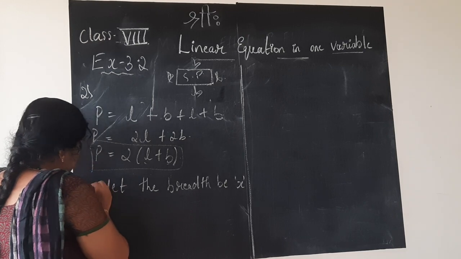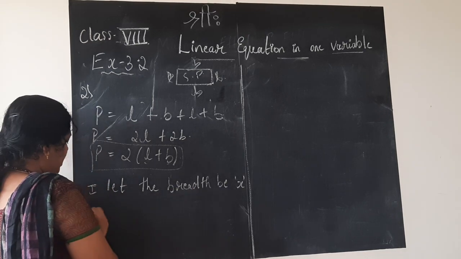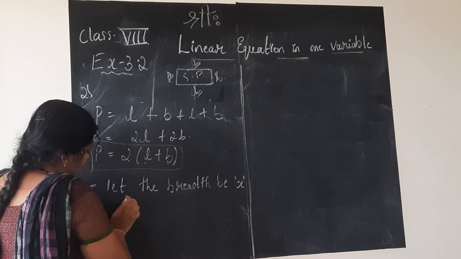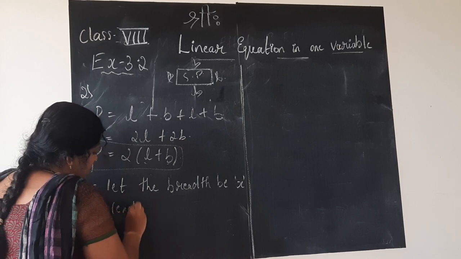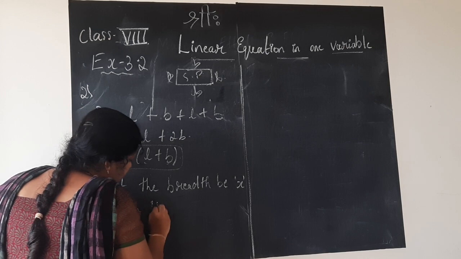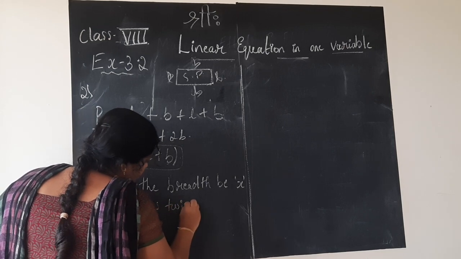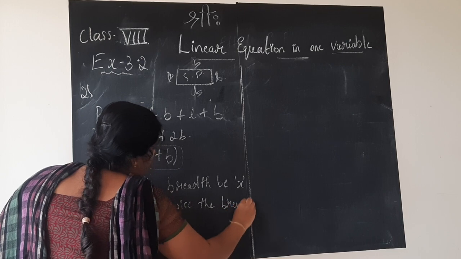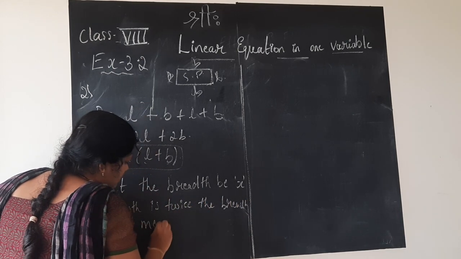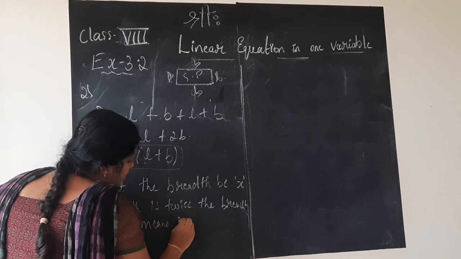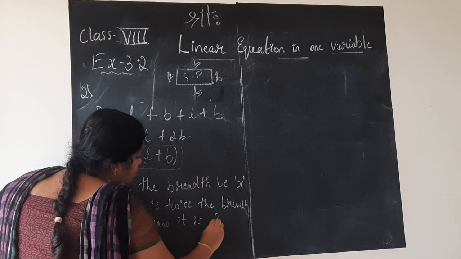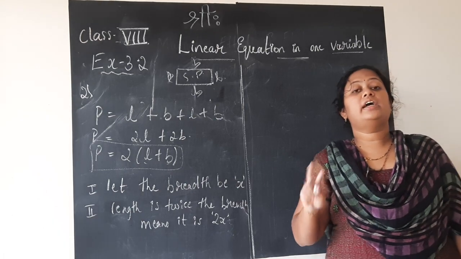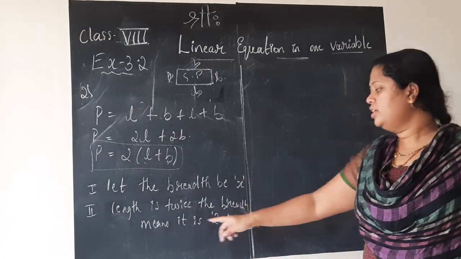Step 1 is let the breadth be x. Now second step, twice the breadth means it is 2x. Breadth is x, but they are telling it is twice, so 2x.